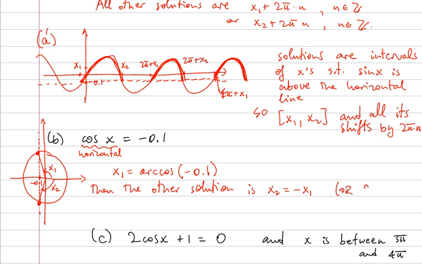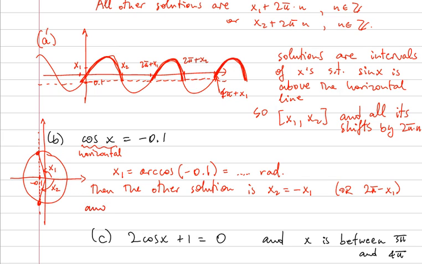Or you could take 2 pi minus x1, and you would get an integer multiple of the full circle different from this. So for arc cos of negative 0.1, you would plug it in the calculator and you would get a certain number of radians.